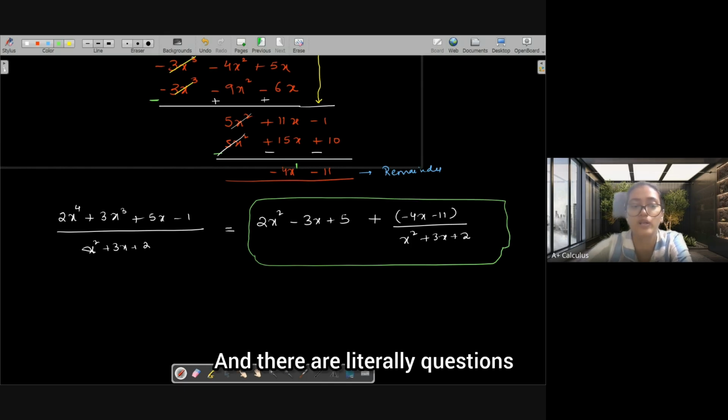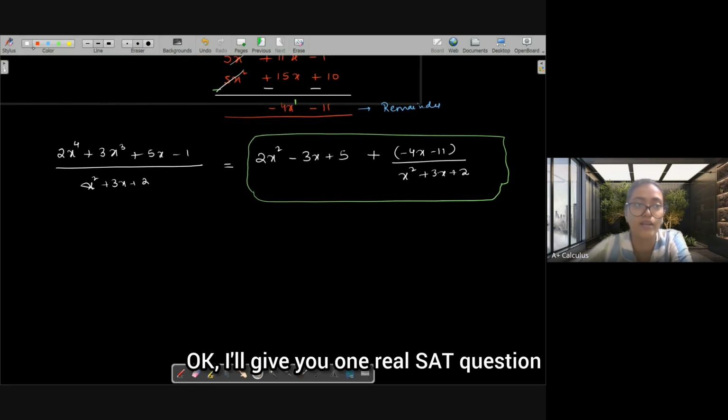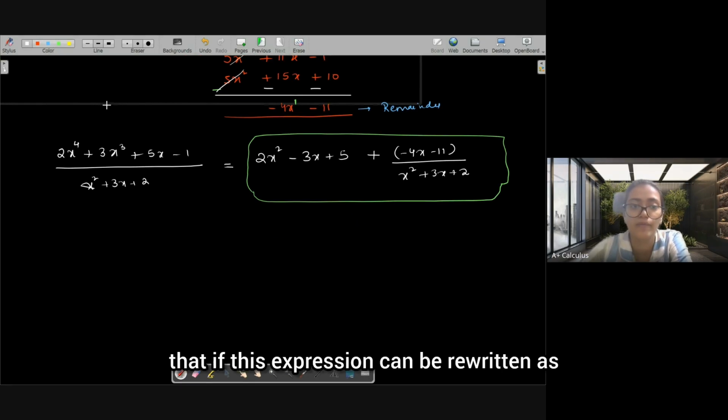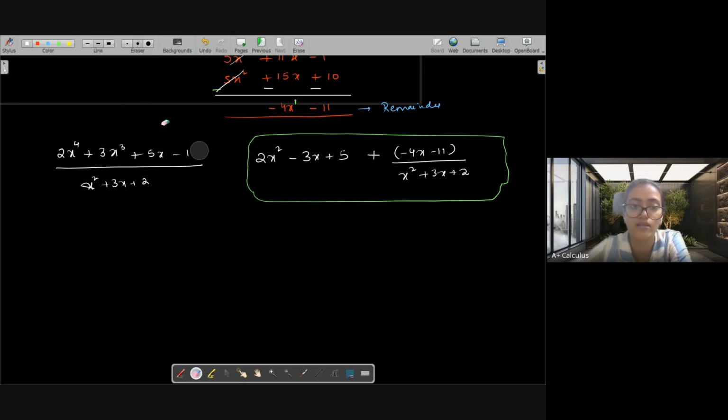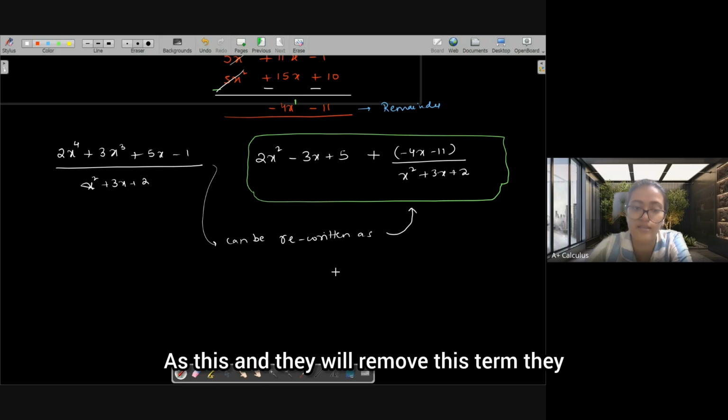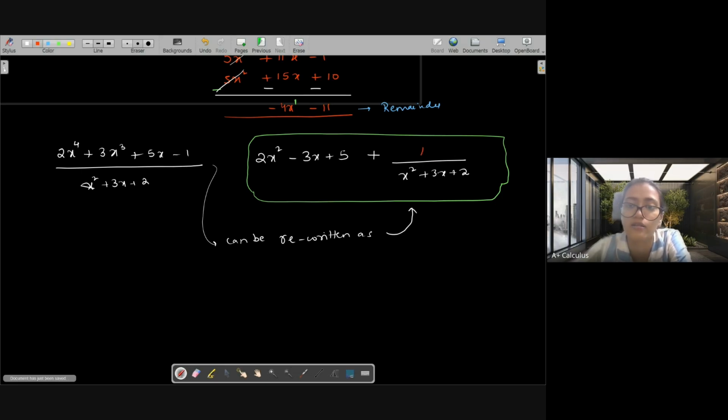And there are literally questions like this on SAT Math, in which they will say, okay, I'll give you one real SAT question, that if this expression can be rewritten as this, and they will remove this term, they will write a here.